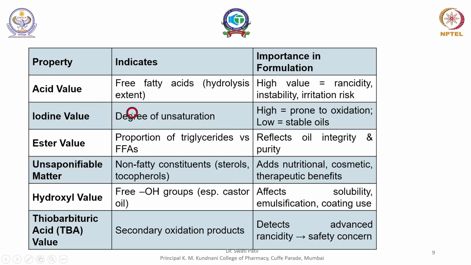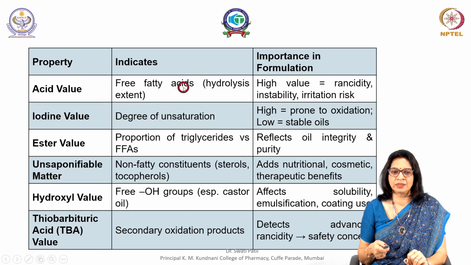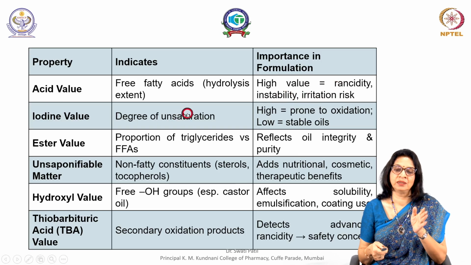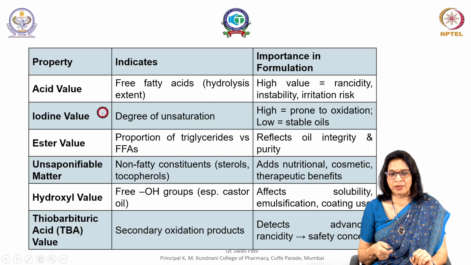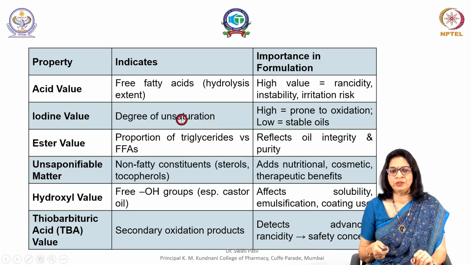Continuing with the physical properties, the acid value tells us the free fatty acid available. A high acid value means there is a risk of rancidity. Similarly, the iodine value tells us the degree of unsaturation, and a high iodine value means that it is prone to oxidation. Ester value, again the proportion of triglycerides versus free fatty acids present, reflects the oil integrity and purity.